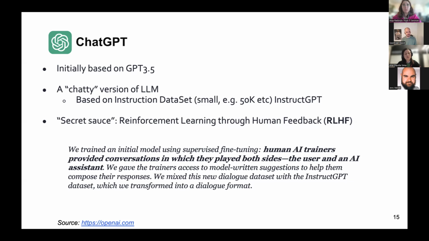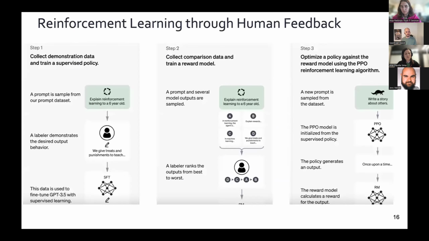So the role of curation still remains extremely important. This is also detailed by OpenAI. So there's a lot of mention about the labelers that have been used also for demonstrating outputs and for ranking outputs. So the quality of the underlying data and the curation effort is something that is very relevant to large language models as well.